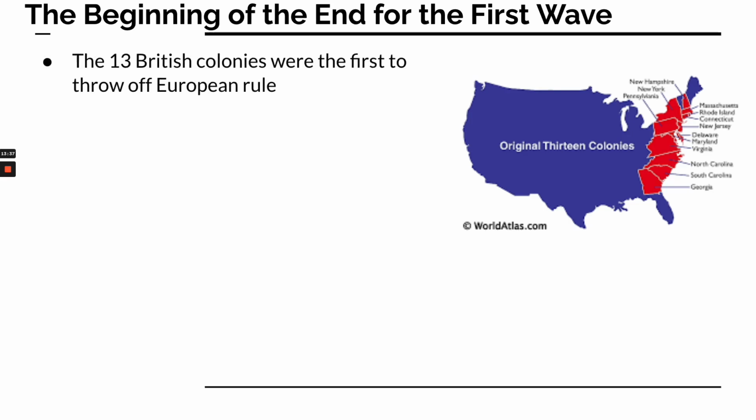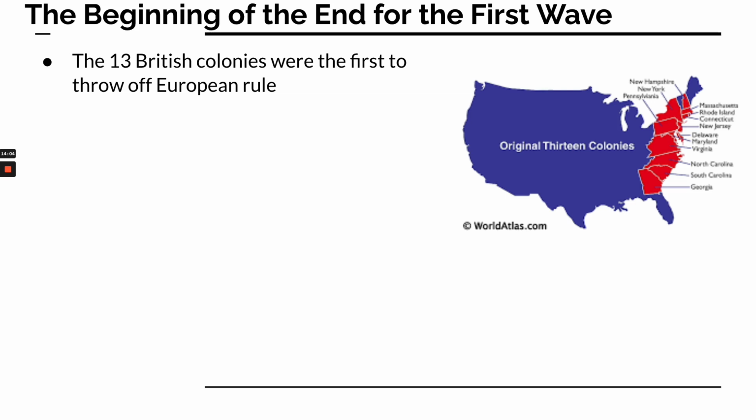Okay. Now, our starting point for talking about the end of the first wave is a flashback to the 13 colonies of Great Britain that become the United States. And if you're looking at this map and wondering, I think that's Vermont, and I'm pretty sure Vermont's part of the United States. It is, but it wasn't part of the original 13 colonies.